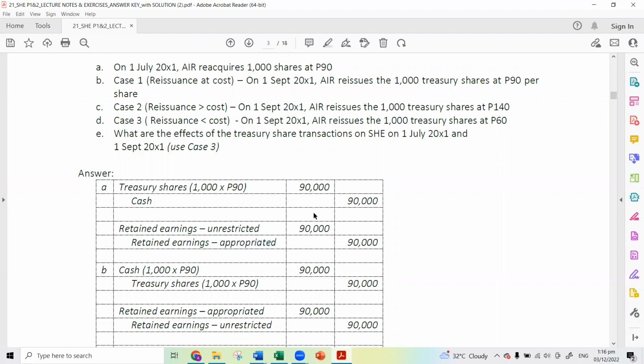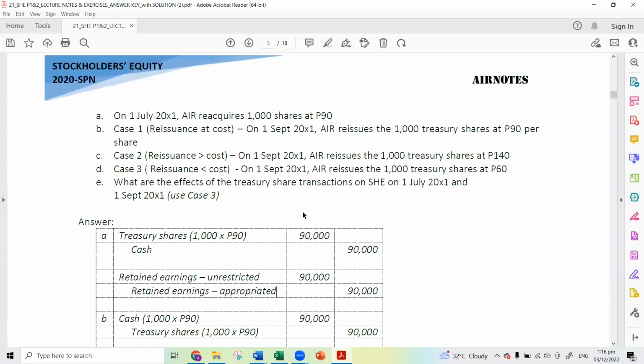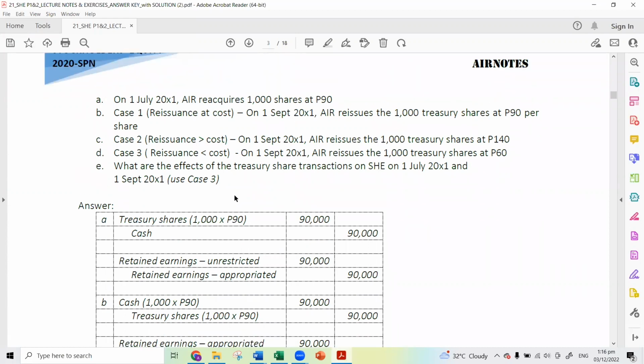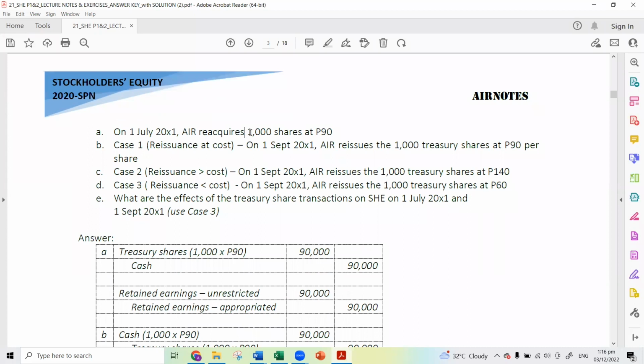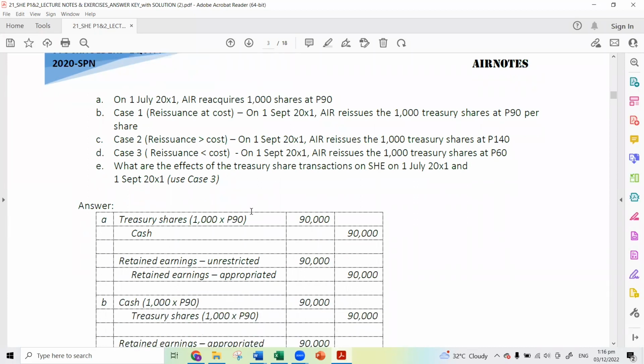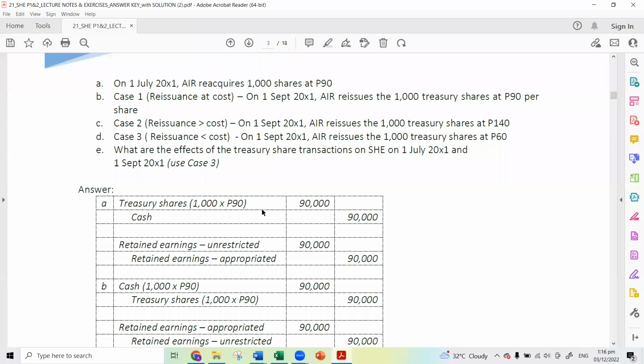So this is on July 1, 20x1, ABC issues 1,000 shares at 90. No? So the entry is debit cash. The acquisition nga pala ito. So this is the corresponding entry. You have your treasury shares, cash, and the retained earnings unrestricted and retained earnings appropriated. Okay?